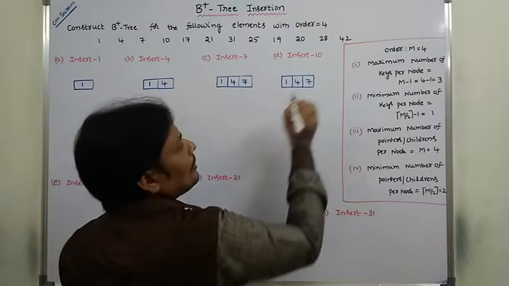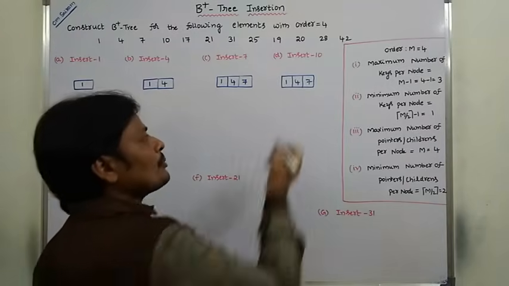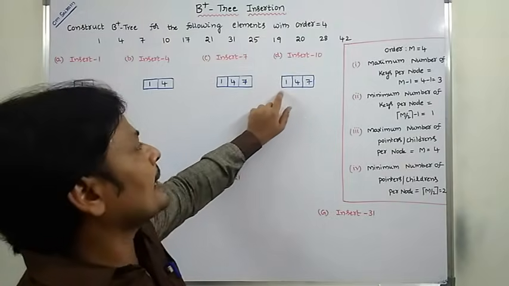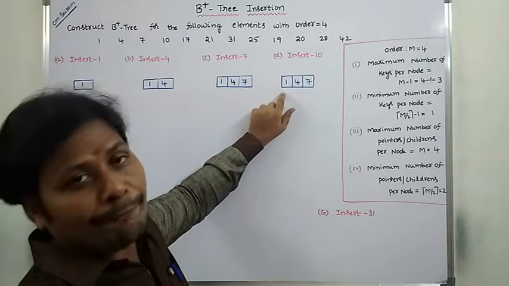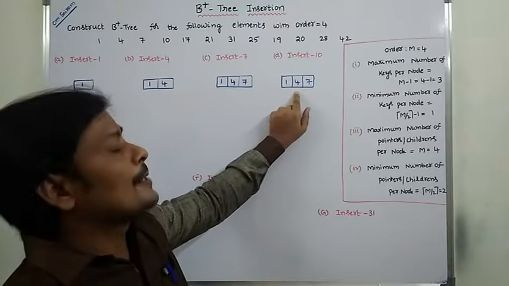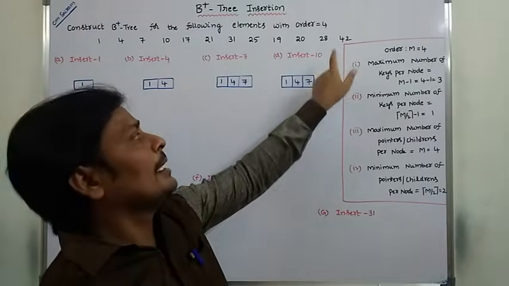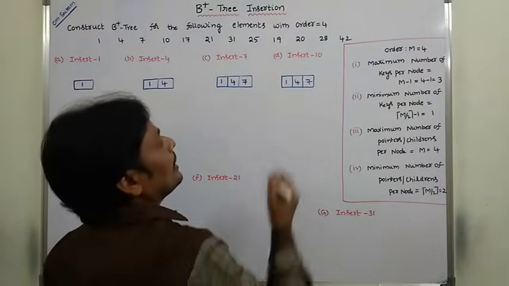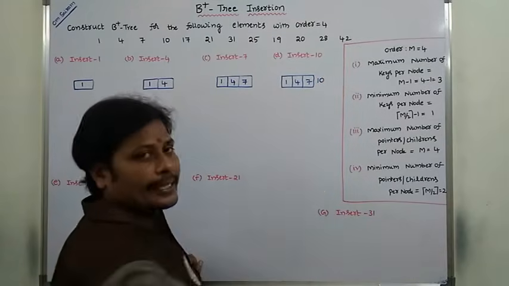So it is not possible to insert 10 into the same node directly. First, we have to find the location of 10. 10 is compared with 1, and 10 is greater than 1. Go to the right. 10 is compared with 4, and 10 is greater than 4. Next, 10 is compared with 7, and 10 is greater than 7. So 10 is inserted to the right of 7.